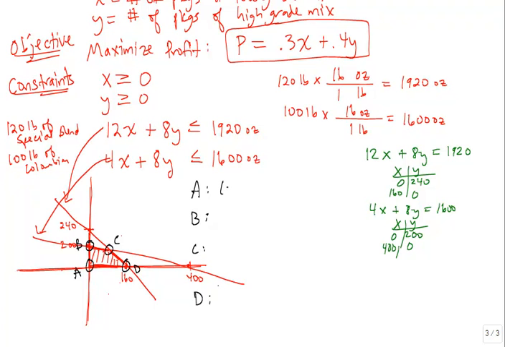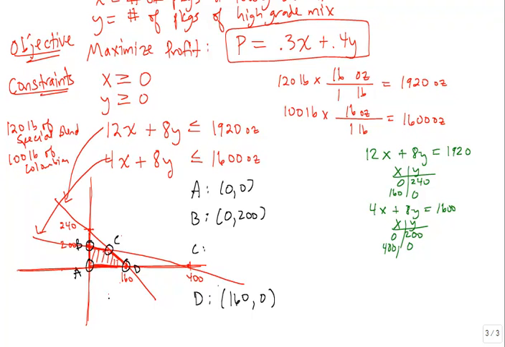A is obviously the origin. B is this y-intercept, so x is 0 and y is 200. Let's skip to D for a moment because that one's a little bit easy to see as well. That's the x-intercept. 160 for x and 0 for y. C is the tricky one because it's not obvious what x or y is.